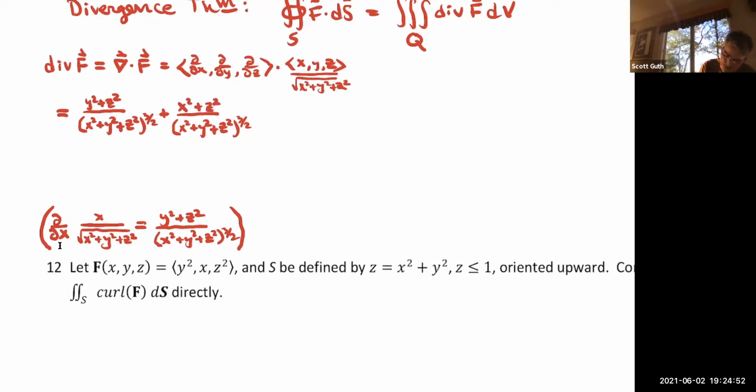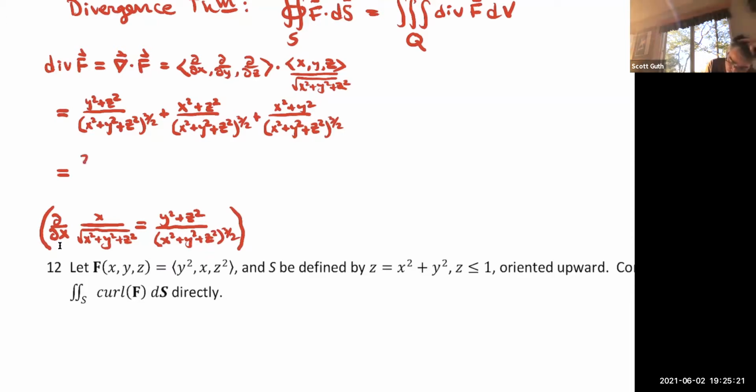Okay, and then when you do the partial with respect to z, the numerator will have an x and a y. And again, this ends up being a scalar. So in the end, if you look, there's 2x squares, 2y squares, and 2z squares when you combine. So you end up with 2 of everything.